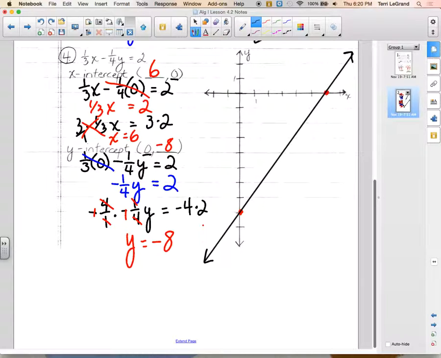Okay, so that is graphing using the x and y intercepts, or being able to find them algebraically. We did that to help us be able to graph them. And we also just in the beginning started with how we can find them from a graph. That's what you'll be doing today with this lesson. Good luck.